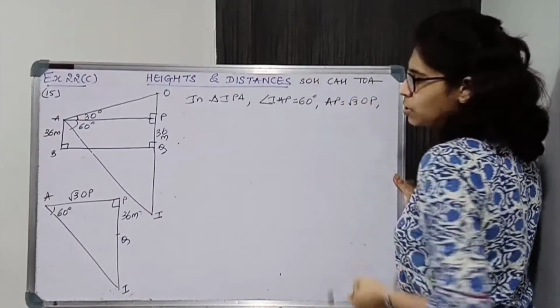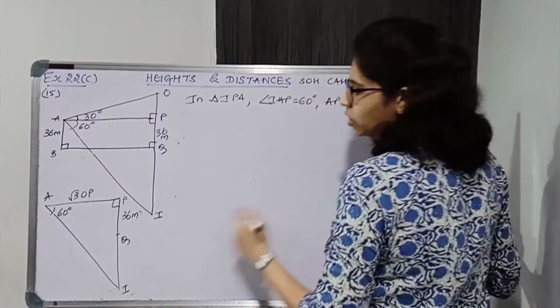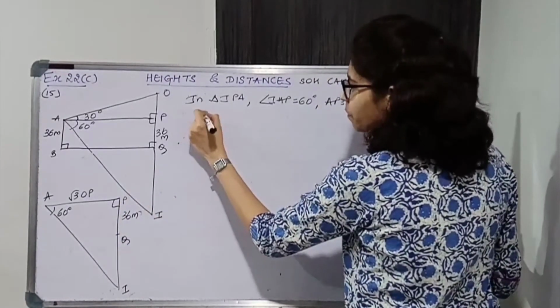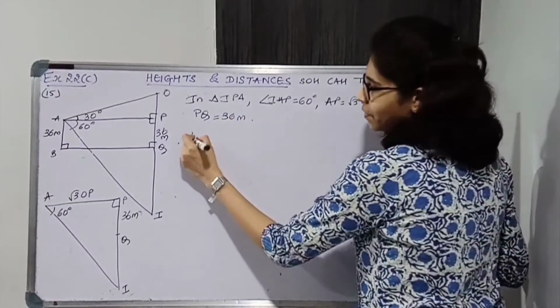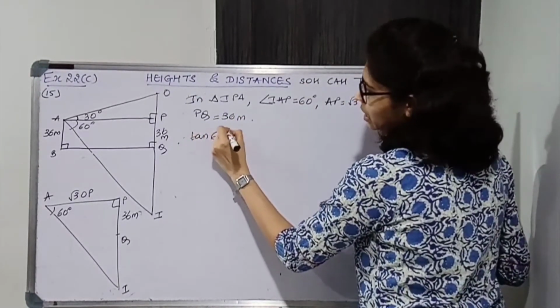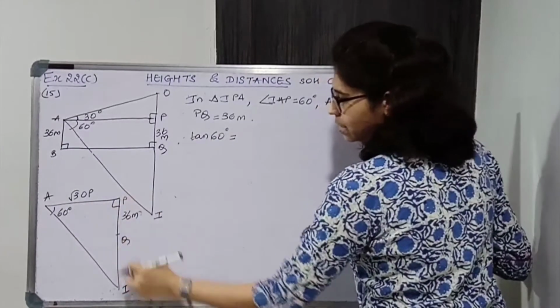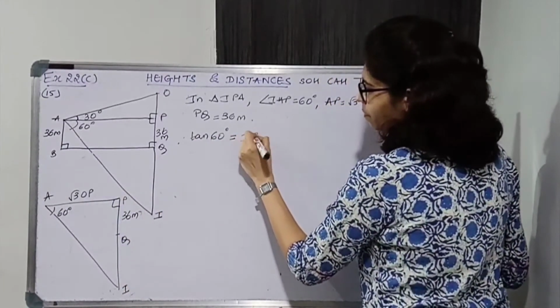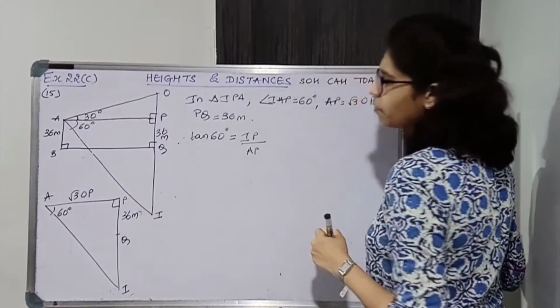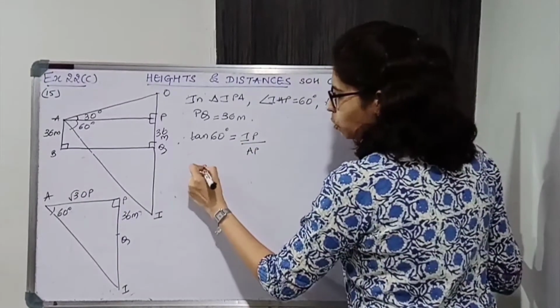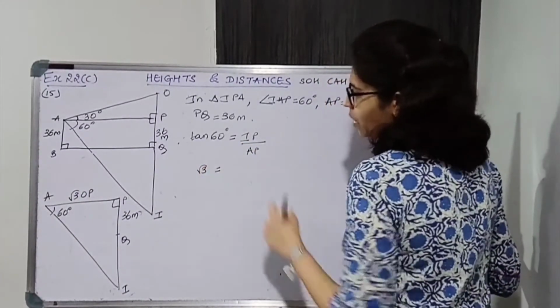All the substitutions that we'll be making, you just need to write down initially so you will remember. PQ is equal to 36 meters. Now start. Tan 60 is equal to opposite, that is IP, upon adjacent, that is AP. Now tan 60 is root 3 from the standard value table.